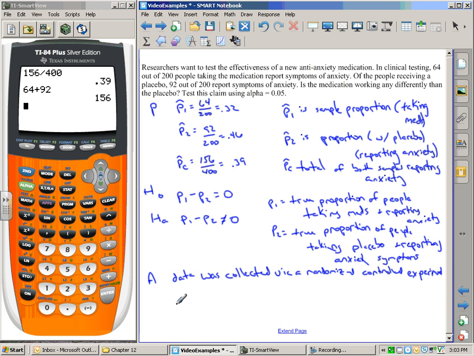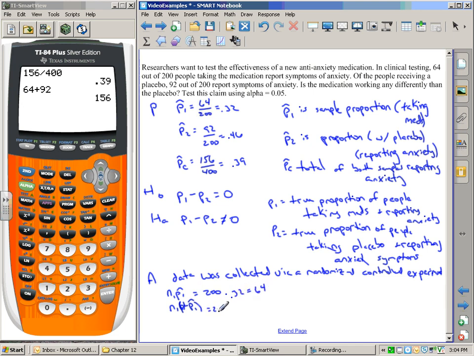Secondly, we need to test and see whether we can use a normal approximation. So to use a normal approximation, we need to test both n1 p hat 1 and n1 times 1 minus p hat 1. So n1 would be 200. Sorry, I should put hats there. So 200 times 0.32, which is 64.